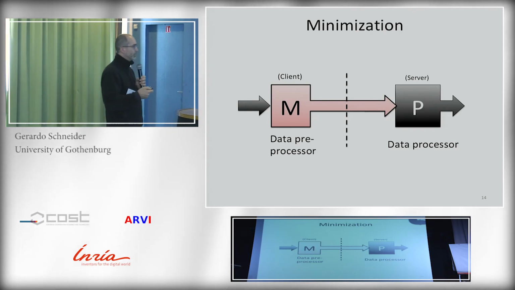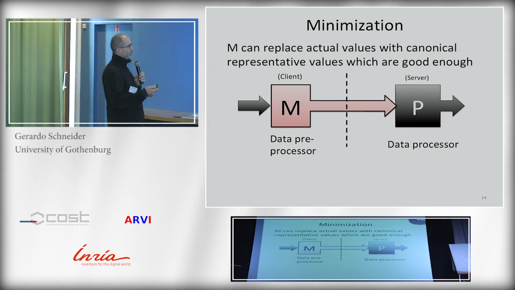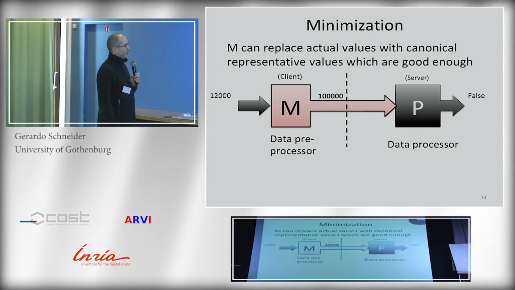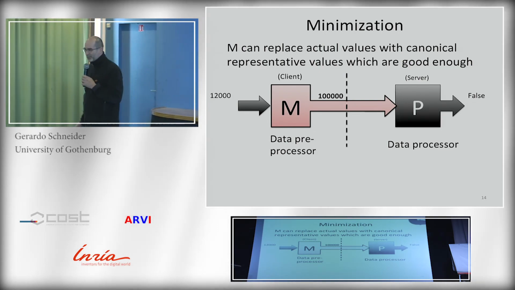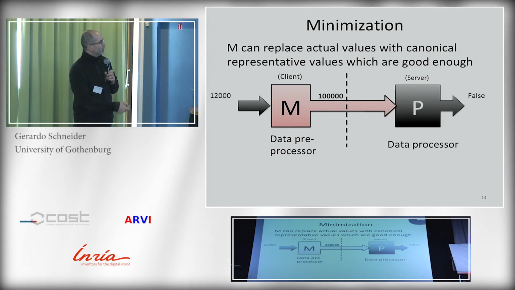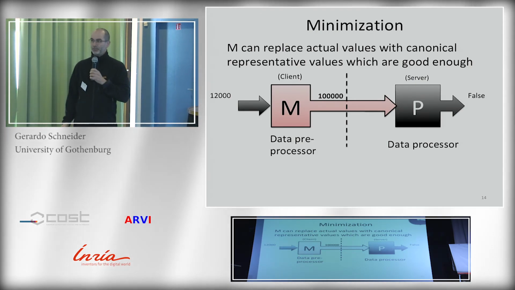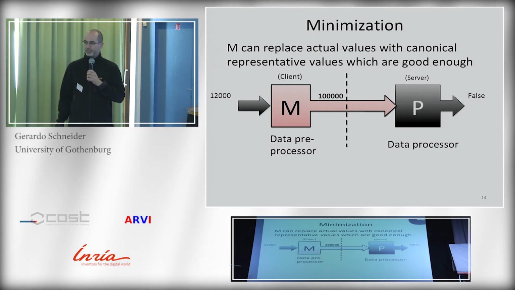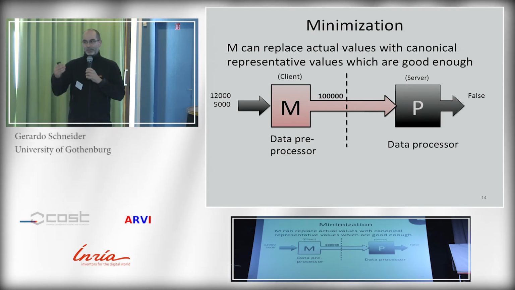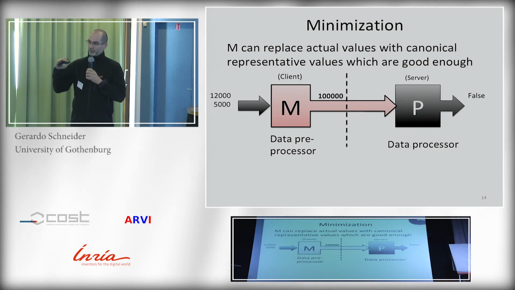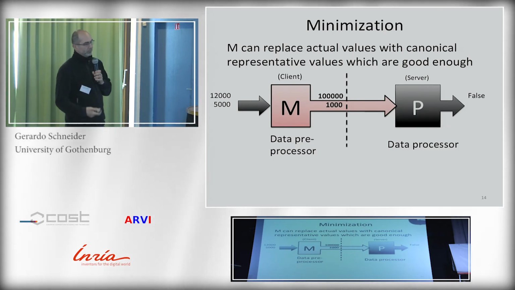And again, for the monolithic case, I think you can assume that this is quite easy. So whenever I see a value bigger than the threshold, I give an arbitrary value, 100,000 here. When I see something less than 10,000, which was the threshold for the benefit, I give 1,000.